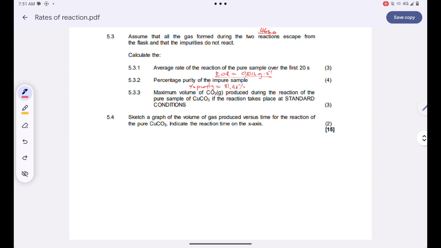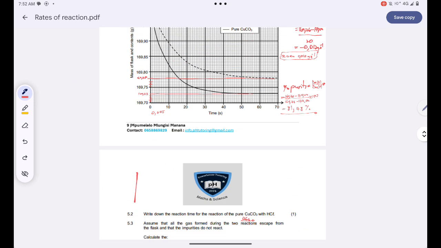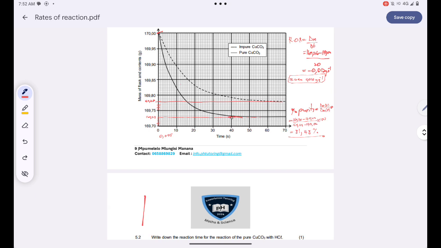Firstly, I know that the mass of my pure solution that will be used, I can call it the change in mass. Initially I had 170, but after completion I was left with 169.73. Remember that, guys, the value over there was just 169.73.